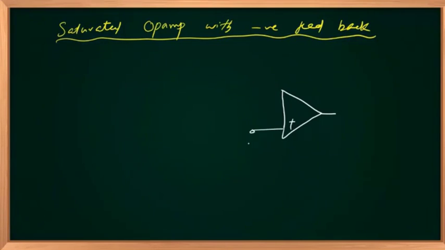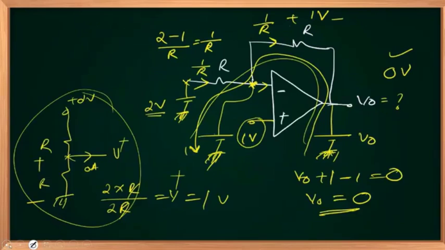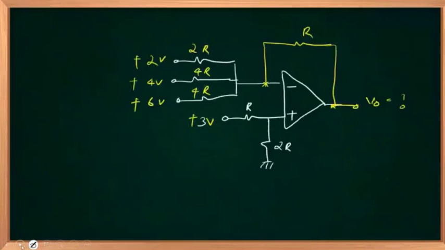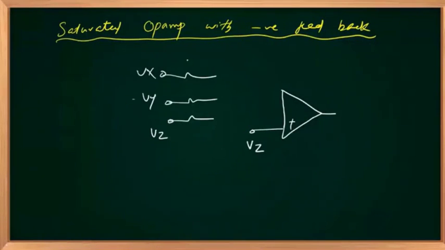This was Vz, Vy, and Vx, and their values are R, 2R, and 4R.